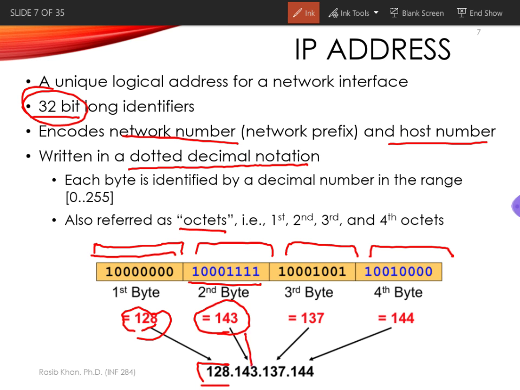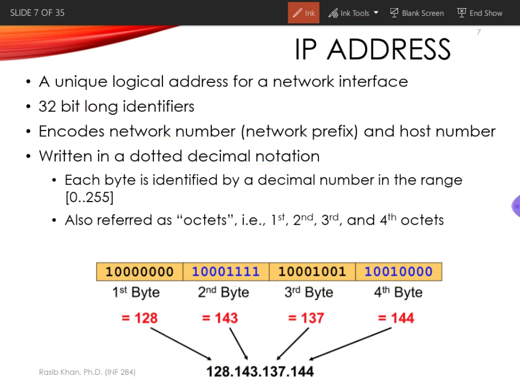So this goes for the second octet. The third and the fourth are converted accordingly into decimal values and put together into the IP address. So this whole thing together, with the 4 octets broken down into 8 bits for each octet and separated by dots, is called the dotted decimal notation for IP addresses.